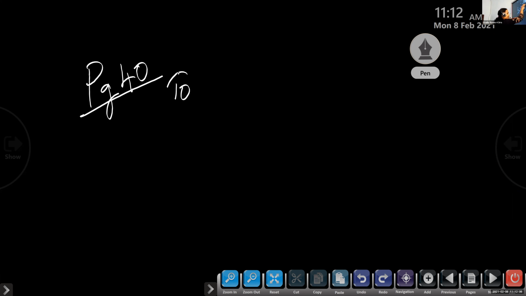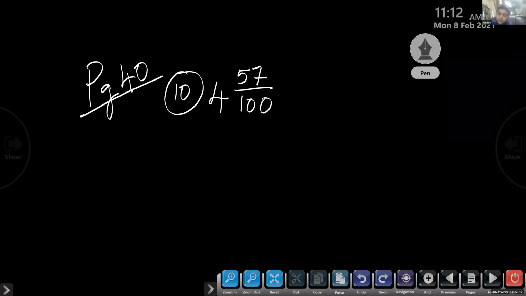Question number 10. Convert the fraction 4 and 57 by 100 to decimal form. So how to write this here, children? Write the whole number part the same.